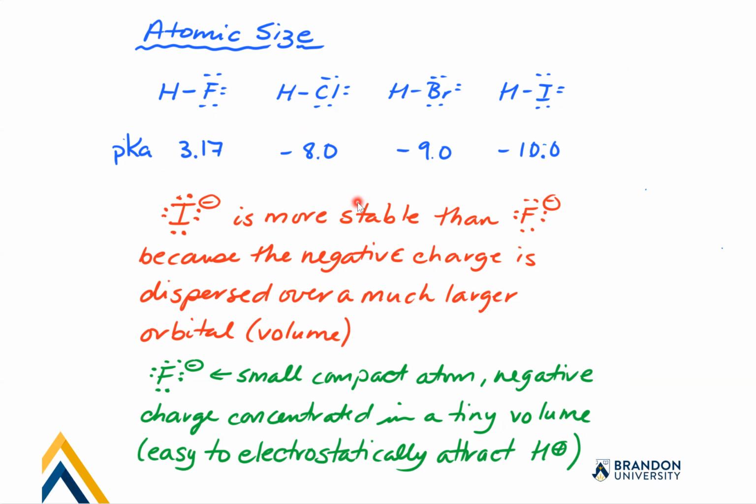And why is this? I think you can look at it from the perspective of the bonds themselves, the bond distance being longer between H and Cl than H and F, because the orbitals that chlorine is using to make that bond are further away from the nucleus, so it's a weaker bond.